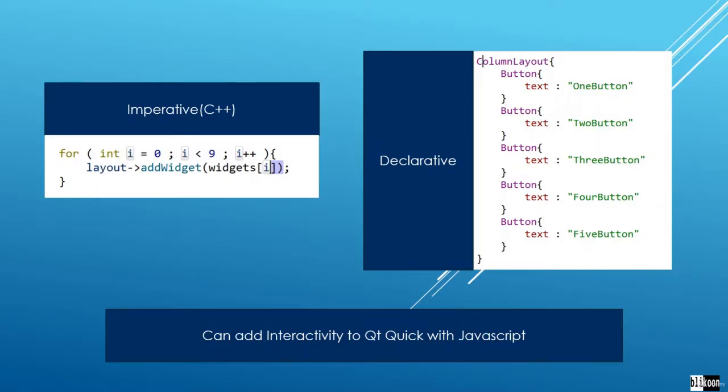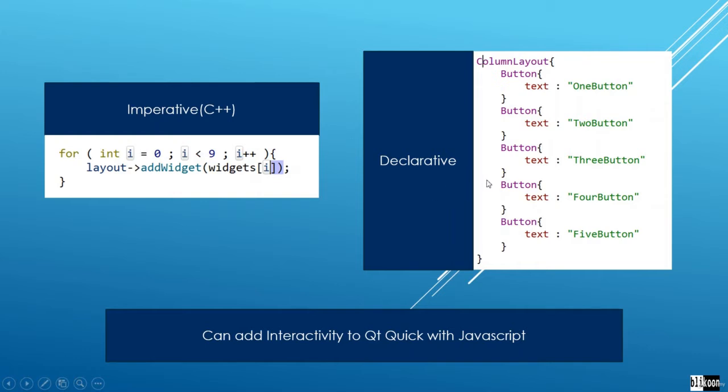To give you some context, if you were trying to put a few buttons in a layout in an imperative language that is not declarative, you would mix flow and program logic. You see here we are adding widgets to the layout inside the loop, which is a control flow structure in C++ or any C-like language.